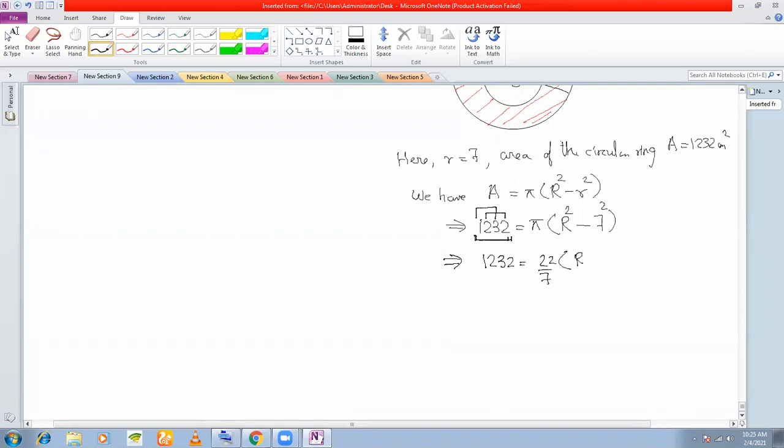So R square minus, let's write it as 7 square only. Now what will happen? 1232 is equal to 22 times R square, let's write it as 49 now, divided by 7.